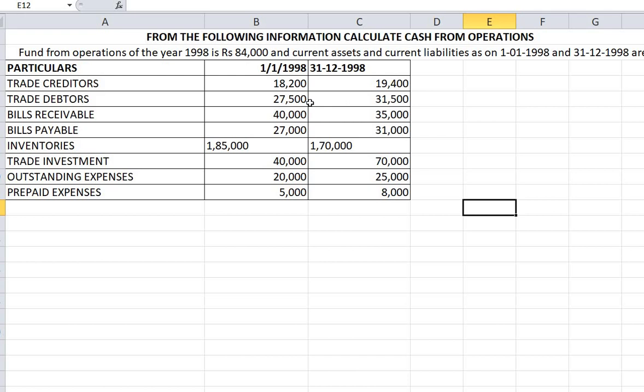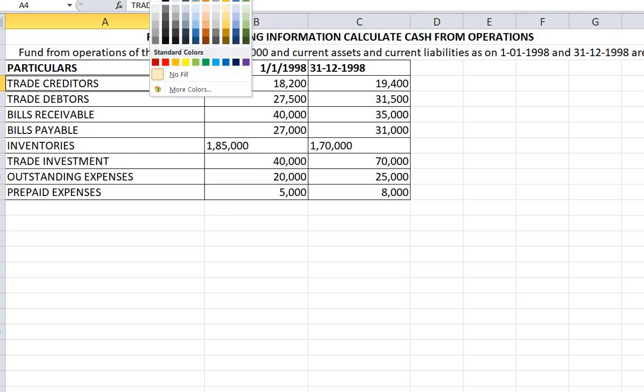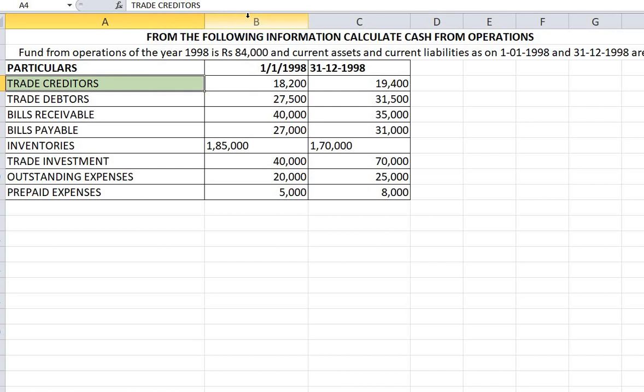From this, you have to identify which item is a current asset and which is a current liability. We're going to give green for liabilities and another color for assets. Trade creditors is a liability.